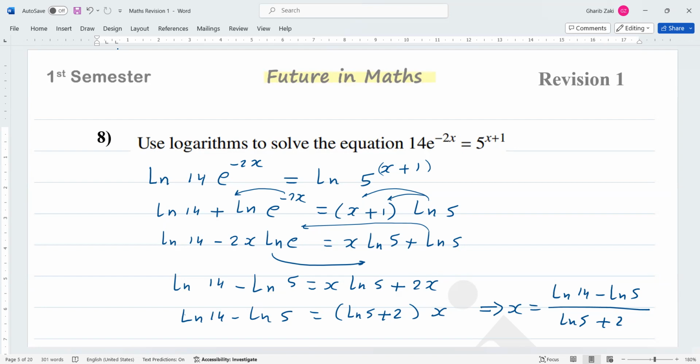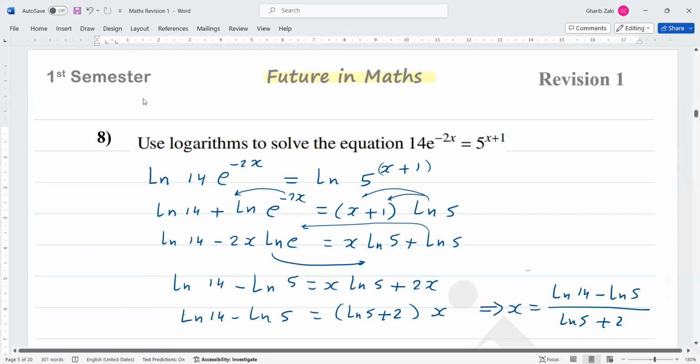What's your answer? You get the answer? Okay, my answer is 0.28.